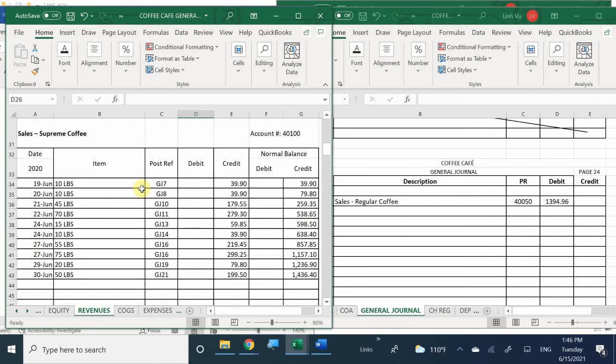For the second one, what amount do I need to zero this one out? $1,436.40.